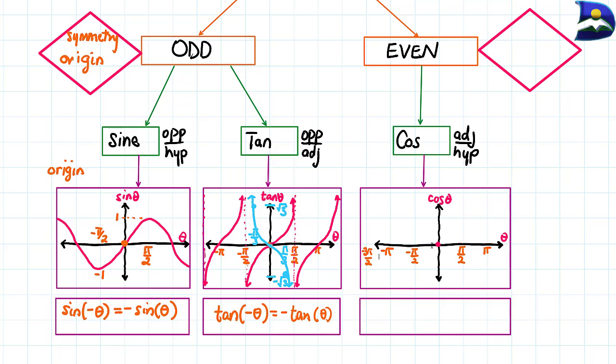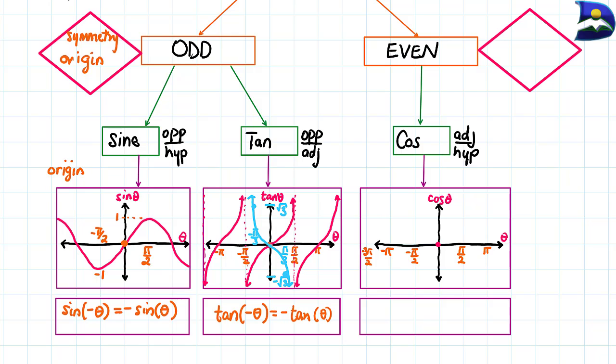What we recognize is that when we are at 0, cos 0 gives you a value of 1, and 1 is where we begin on our y-axis, and we move down to the right.